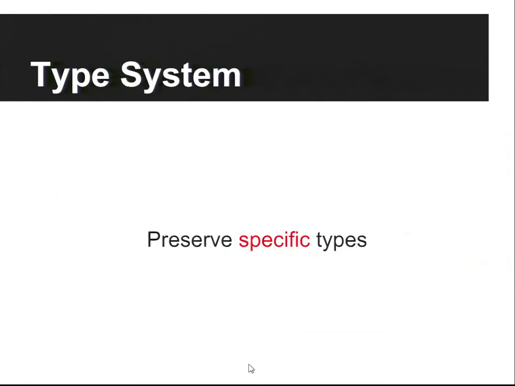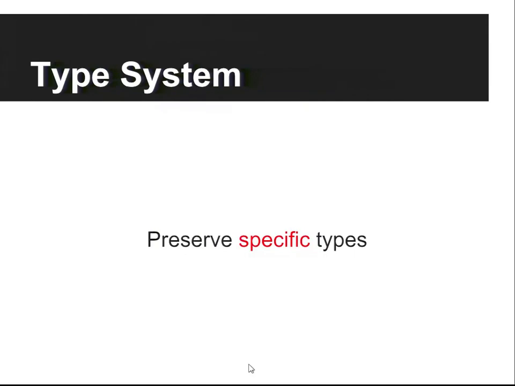All right. So in the type system, to correlate with that, you want to preserve your specific types if you can. If you're taking in a value and returning the same value or some morph of that value, you want to make sure it's the same type. If I take in a file in that synchronize example, I should return back a file because I know it's a file. So type traits are a good way to do that.